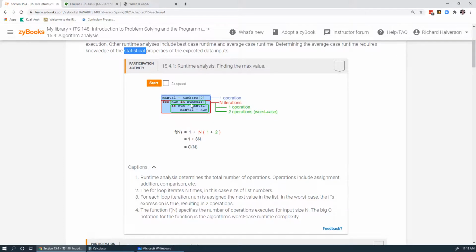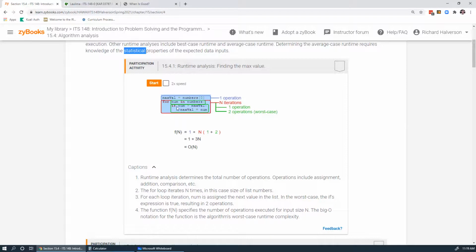Okay, so we have a list of numbers. There are n elements in this list, and this for loop is going to iterate, with exactly one operation for every member of the list.